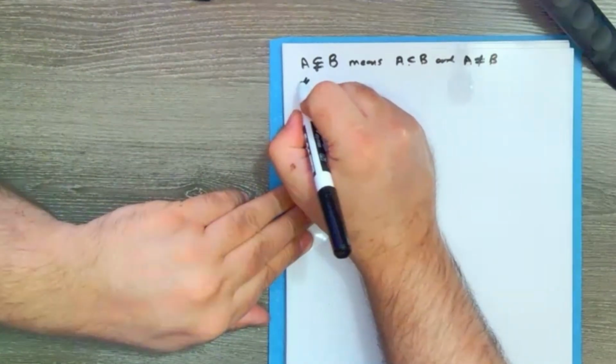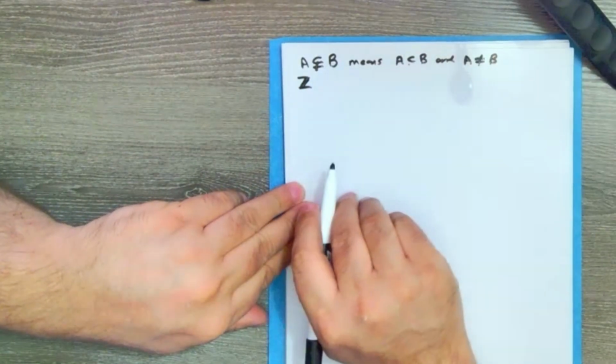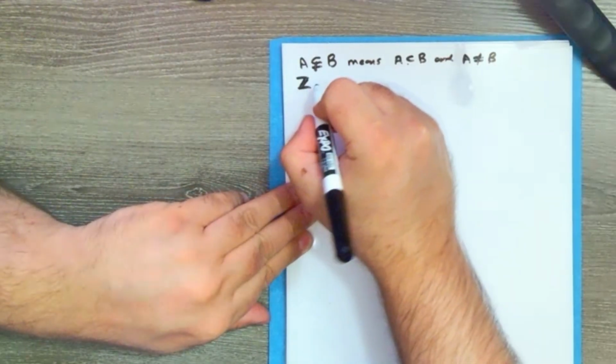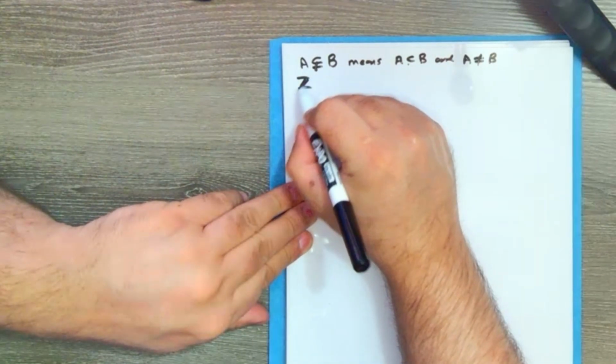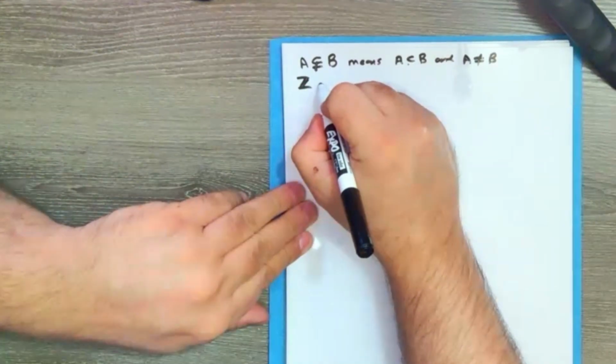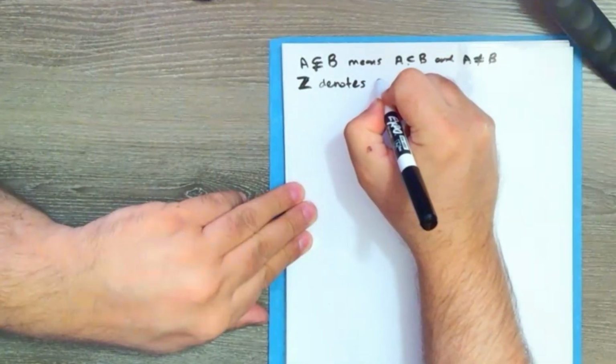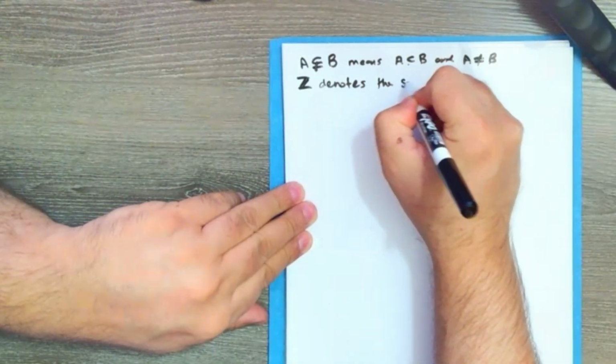One notation that I've used repeatedly that I have not explained is the notation for the set of integers. So this symbol, an ornate letter Z, denotes the set of integers.